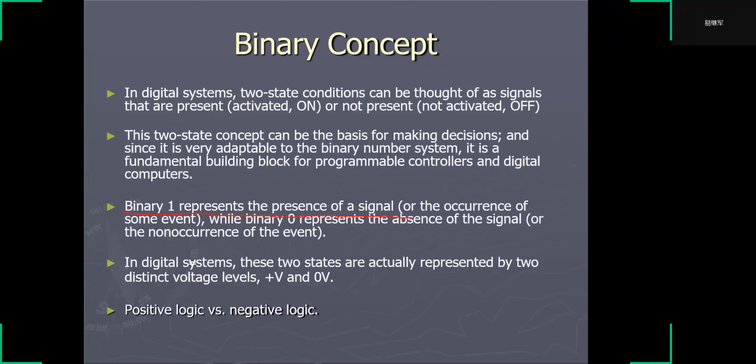In digital systems, these two states are actually represented by two distinct voltage levels.